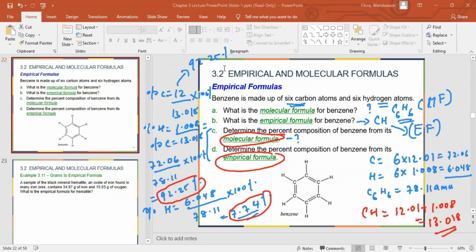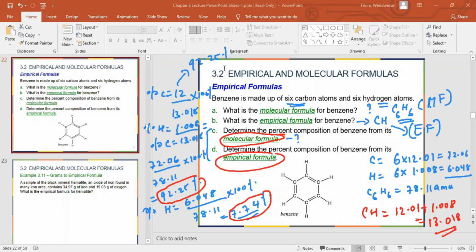That shows you that the empirical formula for benzene is CH. Because here is the point: to determine the molecular formula, you must start with the empirical formula. Why is that important? The empirical formula is like when you build a house, you have to have a foundation, right? The empirical formula is the foundation for the molecular formula.